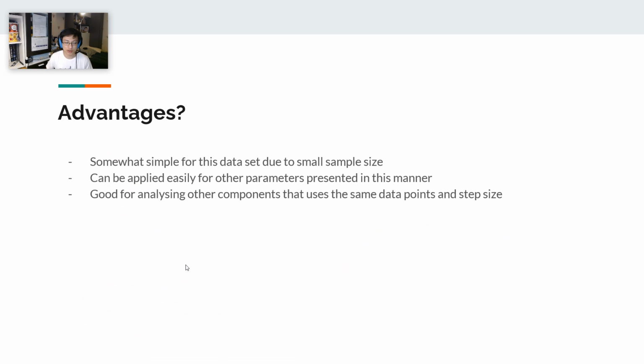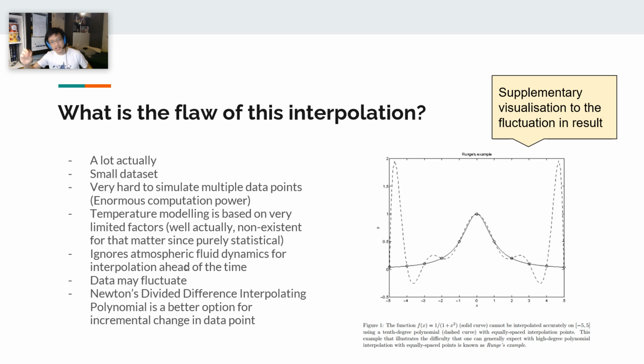What I mean by the same manner is that those values are at the same data points, or in case it's time, at the same time, and also at the same step size. So, what are the disadvantages of this interpolation?